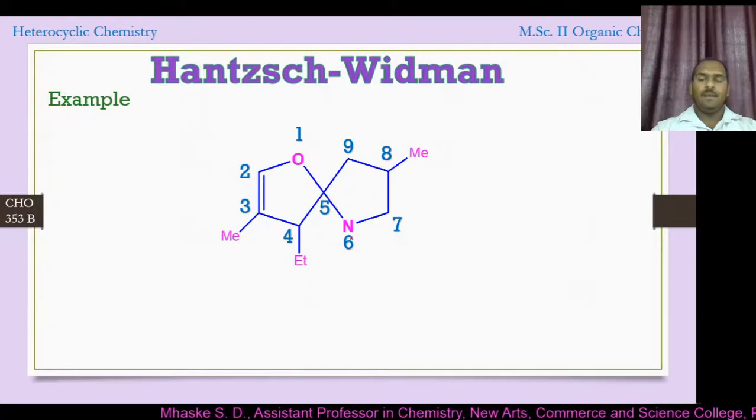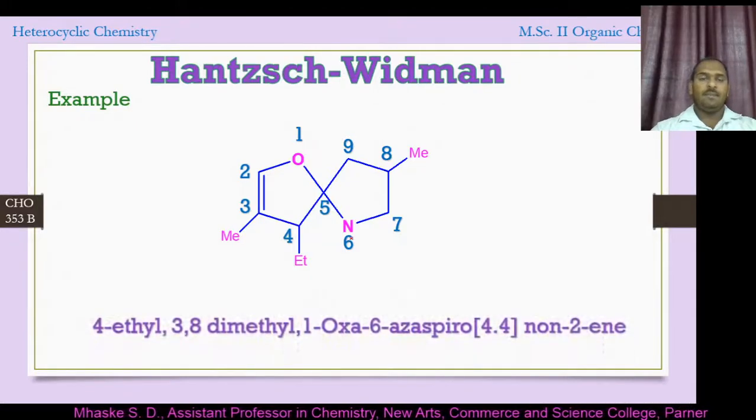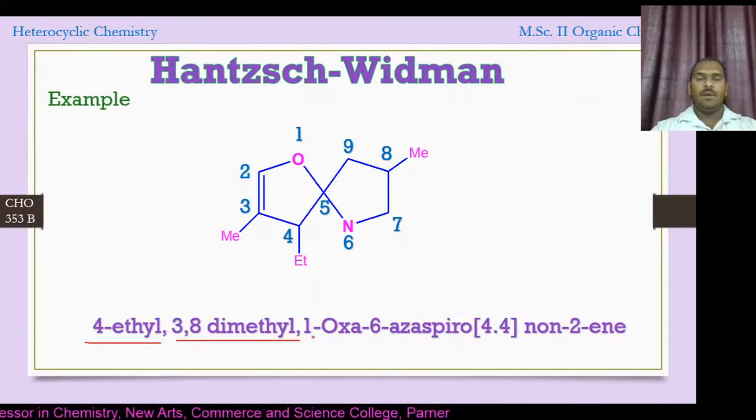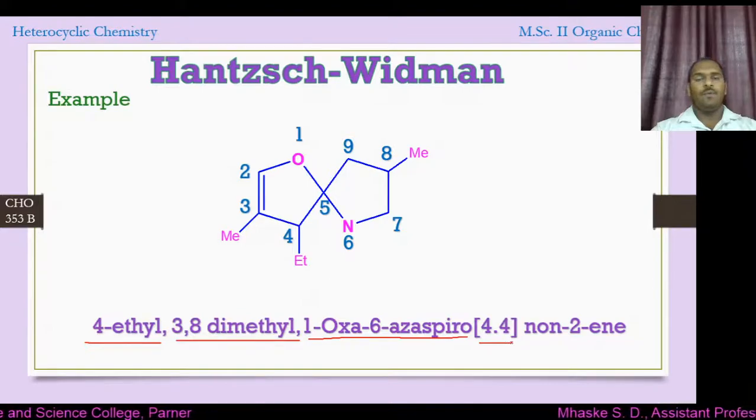So what is the name? The name is 4-ethyl, 3,8-dimethyl-1-oxa-6-azaspiro[4.4]non-2-ene. That will be the IUPAC name of the compound.